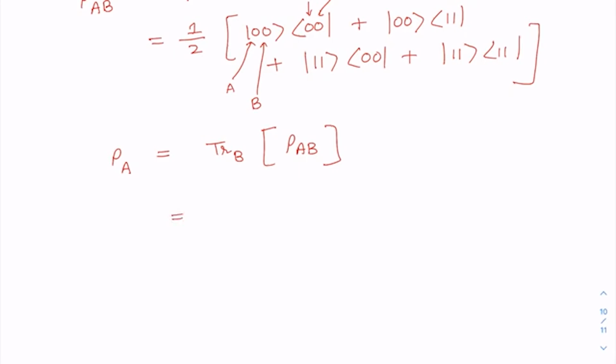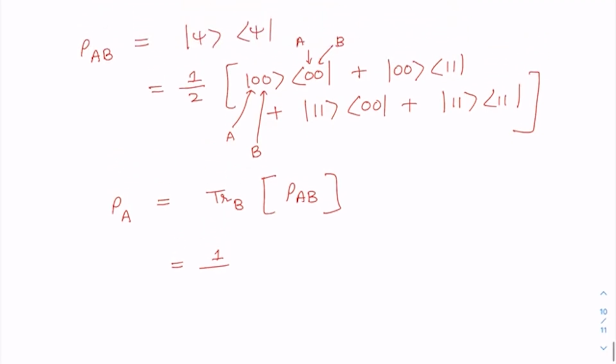You just have to take the density operator rho AB, which I have already written here. So let me write half, and I will take the trace over atom B. Here, A remains unaffected. So A from here I take, A from here I take, and then I will take the trace on the B part.